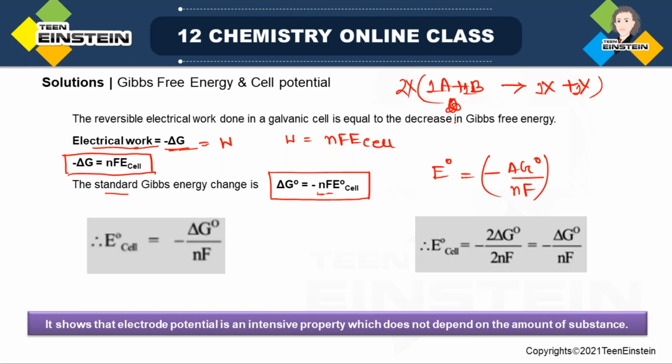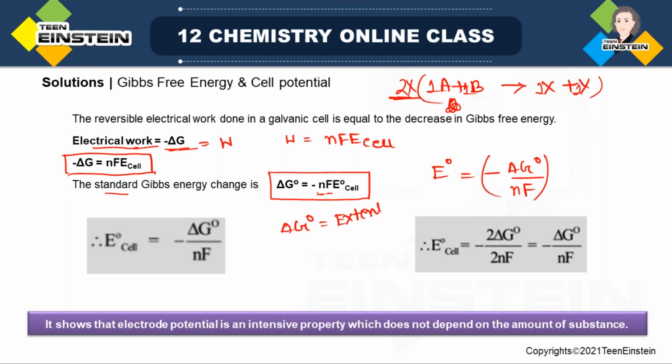The coefficients have changed, which means the amounts of A and B have both changed. Similarly, the multiplier may be 3 or any fraction, everything is possible. So when we multiply by 2 or any other value, del G naught is an extensive property.